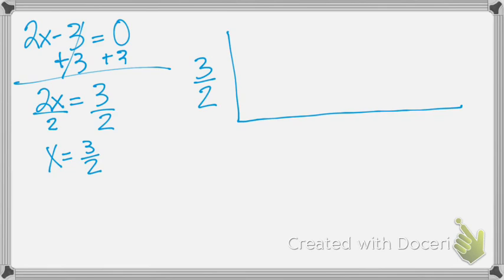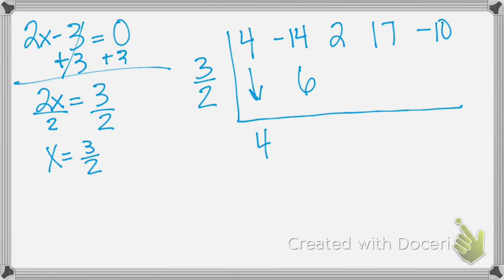Remember, we write our coefficients up top. 4, negative 14, 2, 17, negative 10. First step is we bring down the 4. All right? Now, if you are not good with multiplying fractions, you will need to use your calculator. So 3/2 times 4 is 6. Then we combine.